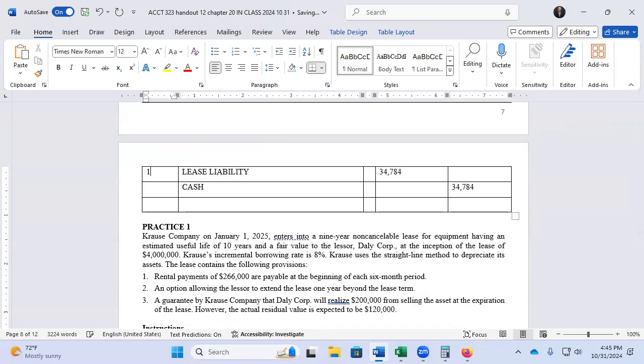The reason that that's set up that way is because they make the payment on the next day. Any questions?